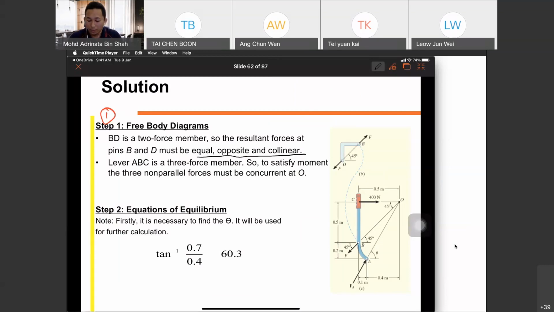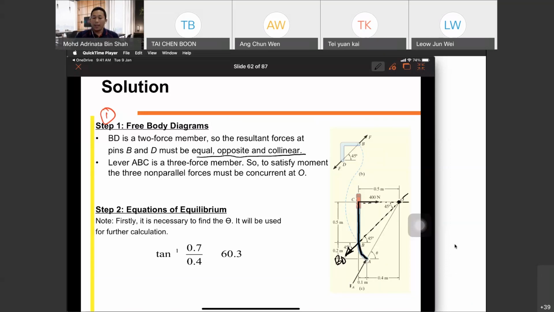Alright, so after you have your body, and this is from the BD body, link BD, and then you have your line, and you have 400 Newton in your line.